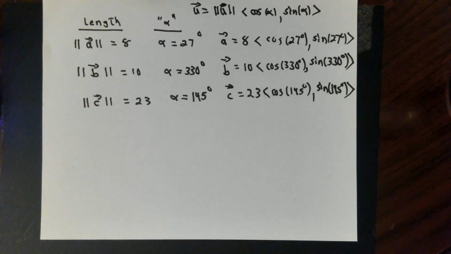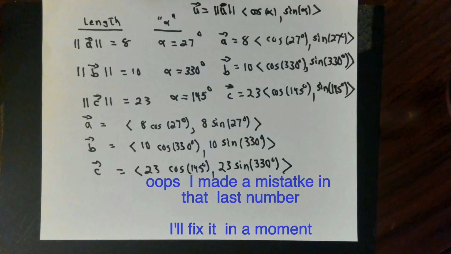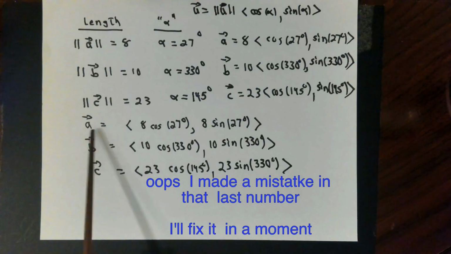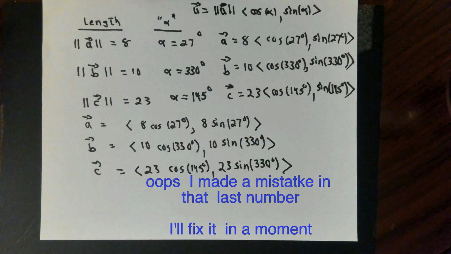To make this a little bit easier to calculate, I'm going to use the idea about number times a vector here. It's better to write it like this because when I add a plus b plus c, I'm going to have two components, two numbers that go in the first and second position in the vector. The first number is going to be that number plus that number plus that number.